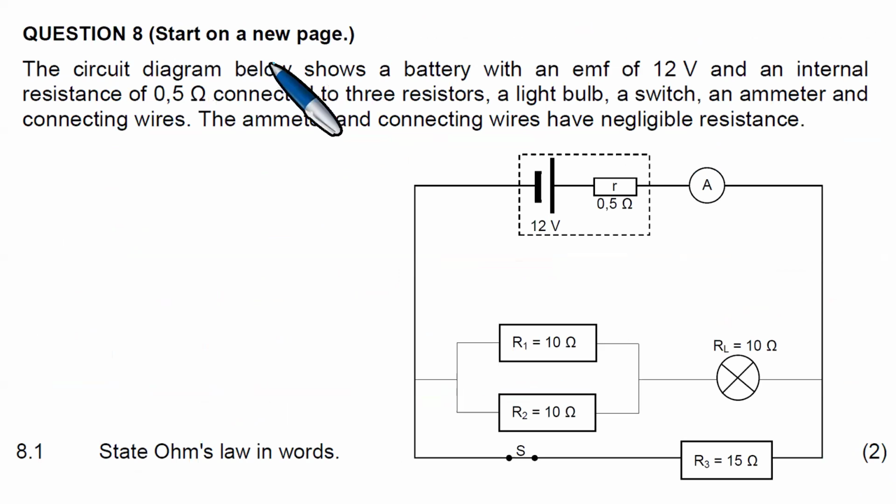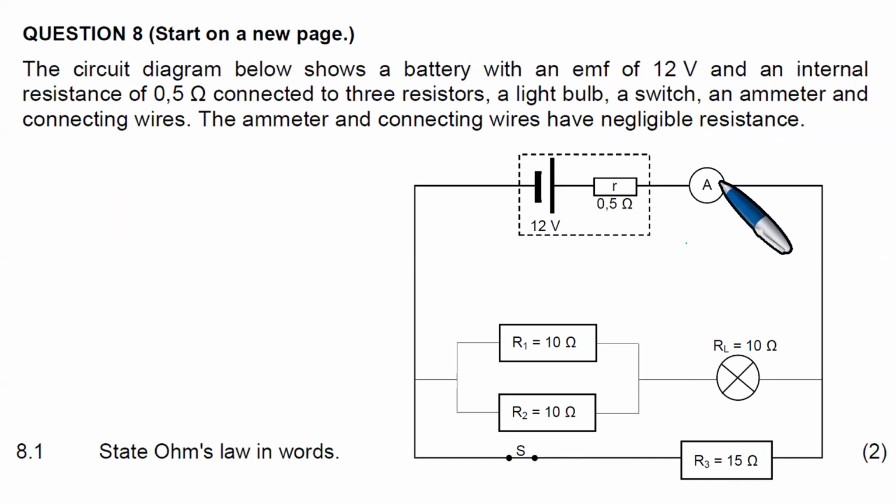Question 8 must be started on a new page. The second diagram below shows a battery with EMF 12 volts and an internal resistance of 0.5 ohms connected to 3 resistors, R1, R2, R3, a light bulb, a switch, an ammeter, and connecting wires.